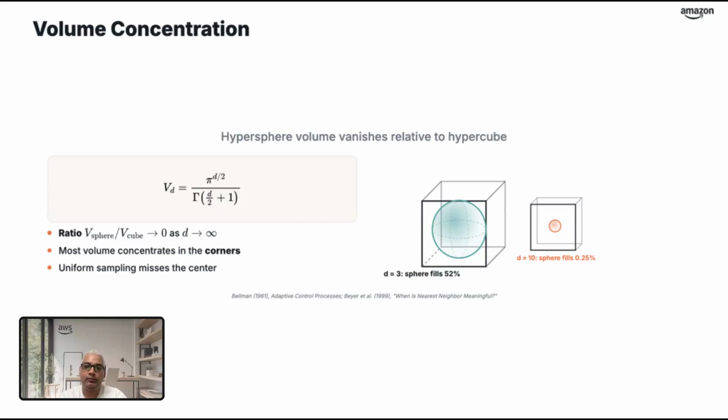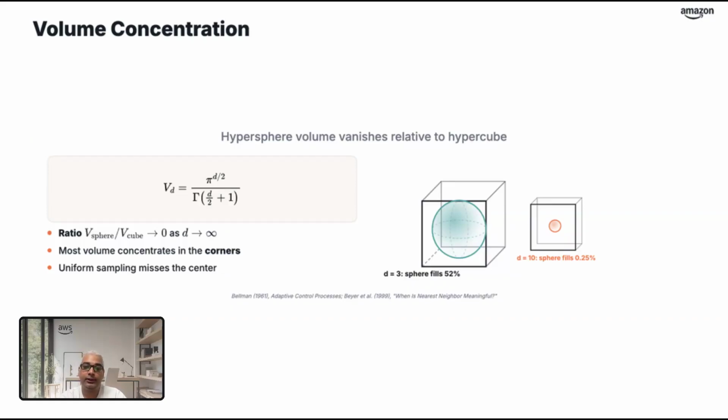However, the denominator, which is the gamma function of d by 2 plus 1, grows super exponentially, and we can show this by using Stirling's approximation. We can show that this expression, the denominator, dominates any exponential that we would have in the numerator. So the ratio as a whole goes to 0 as d goes to infinity.